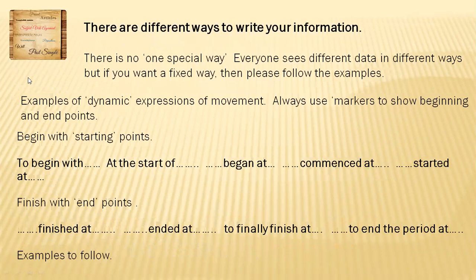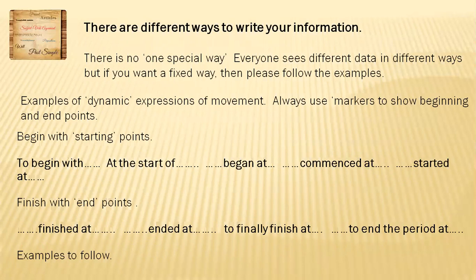Okay, so you've seen how we've written and contained our information in groups. Now, there are different ways to write your information. There is no one special way. Everyone sees data in different ways, but if you want a fixed way, then you can follow these examples. So these are basically discourse markers to begin and end information.